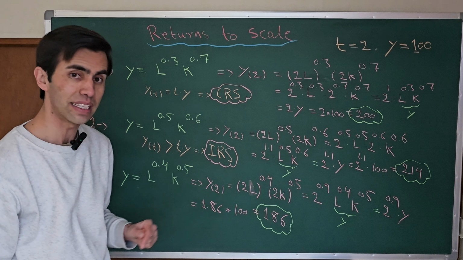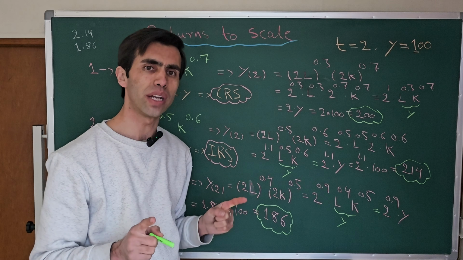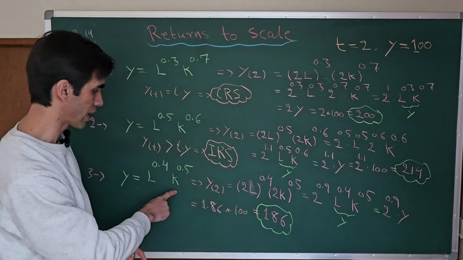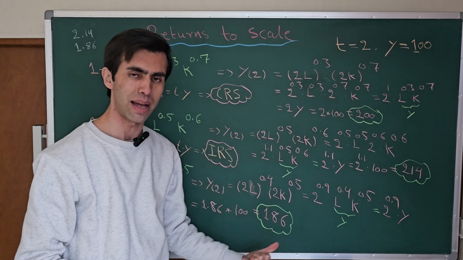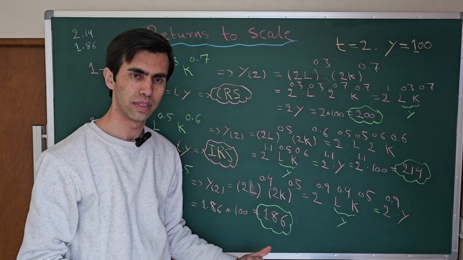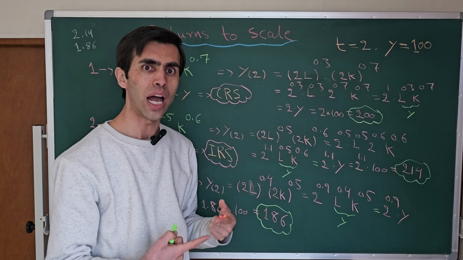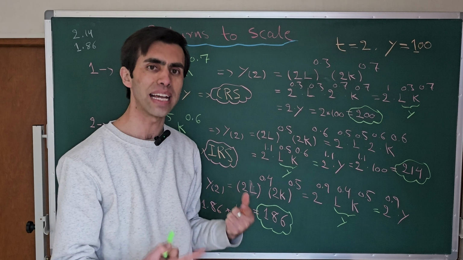What does it mean? It means we doubled our input levels, labor and capital, but our output increased by less than double. If it had doubled, it should be 200, but now it has increased only to 186. We scaled up input by 2, but our output increased by 1.86.